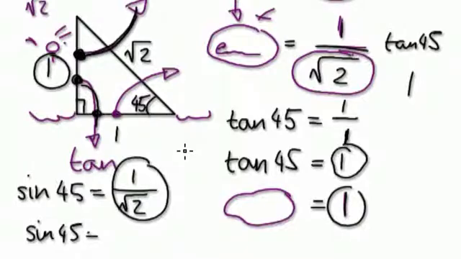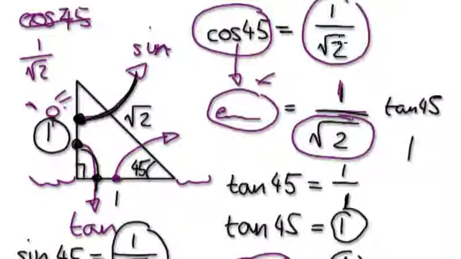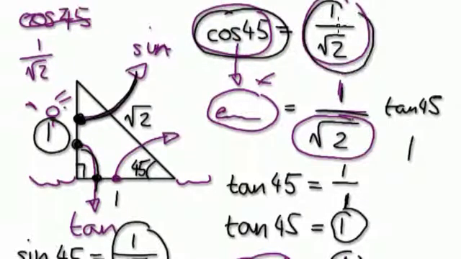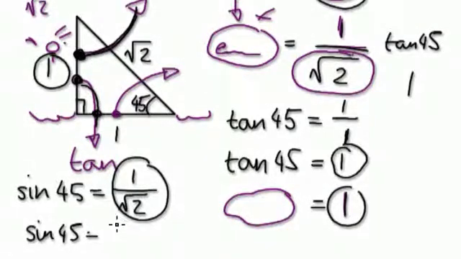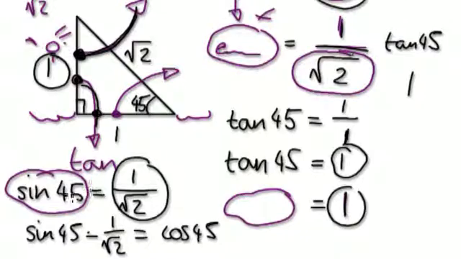Actually, if you look at the cos earlier, cos 45, that's the same, isn't it? Cos 45 is 1 over root 2. So when you see sine 45, you can replace it with this, and that's the same as cos 45. If you don't believe me, just check it on your calculator. Punch in sine 45, and that should be the same as 1 divided by root 2.